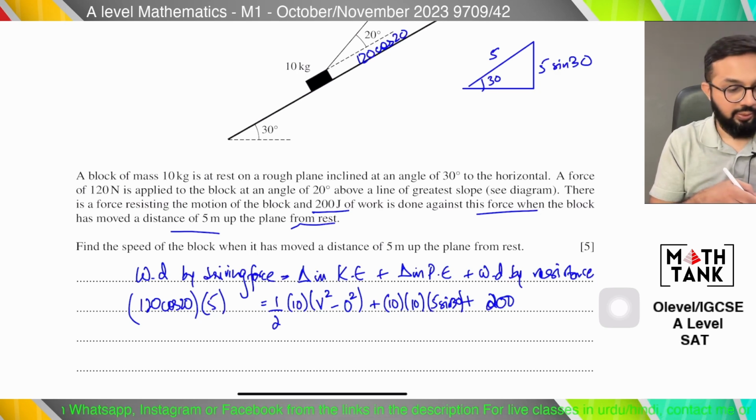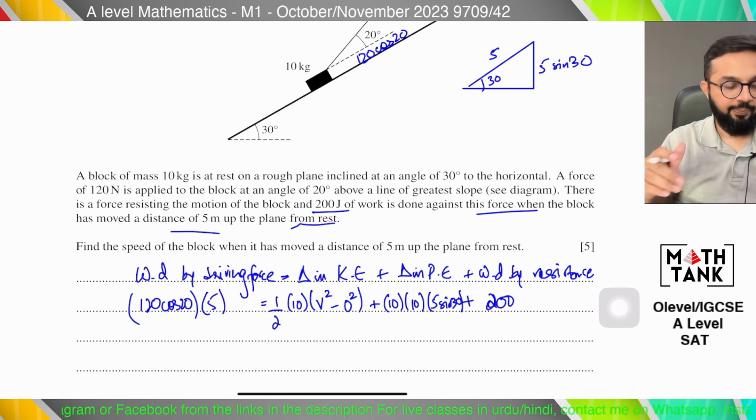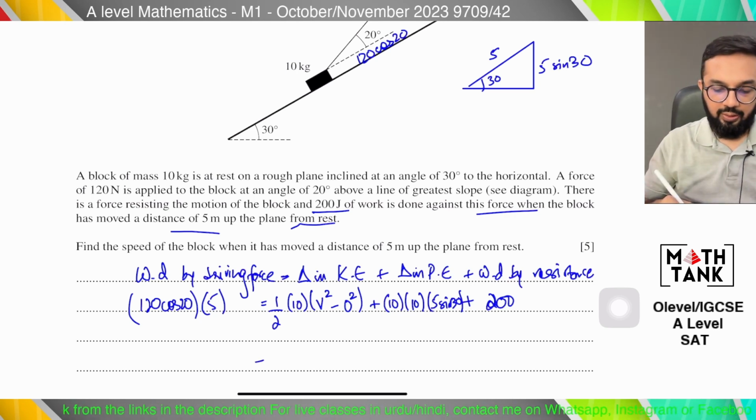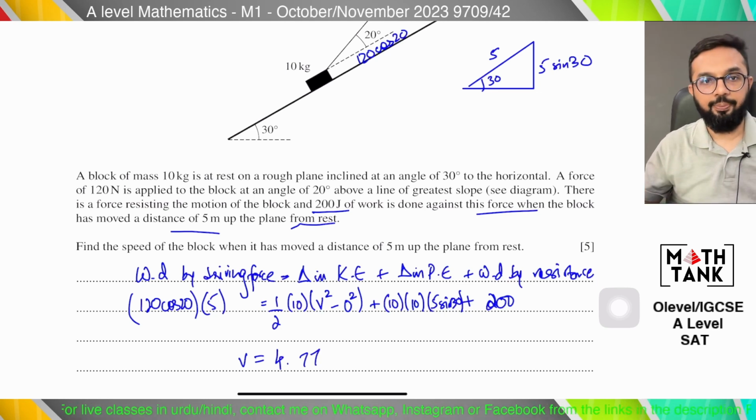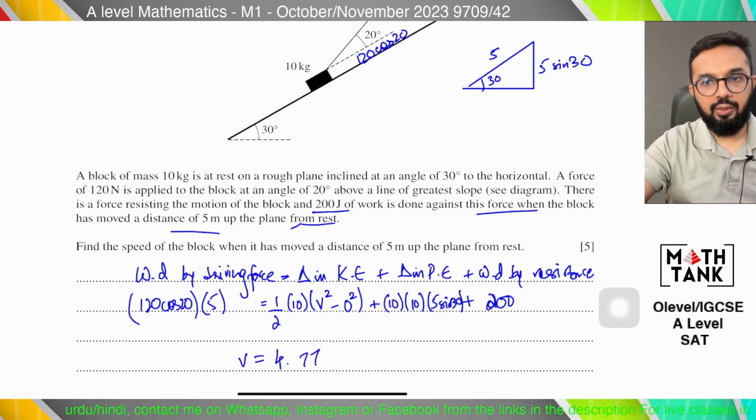I'm getting v equals 4.77 on my calculator. Okay, and that is the correct answer.